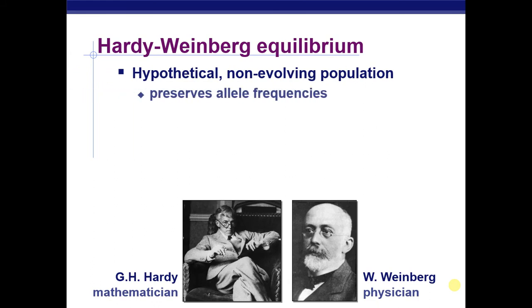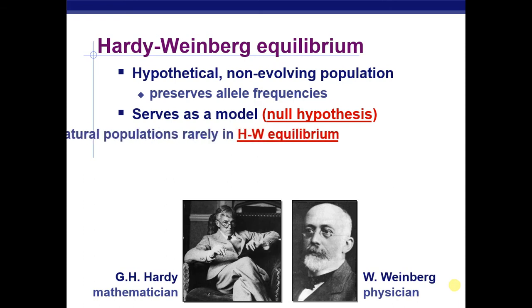This brings about the idea of what's called Hardy-Weinberg equilibrium. It is a hypothetical, non-evolving population, and it is something we can compare actual data to in a relative way to figure out how fast evolution is occurring. In a Hardy-Weinberg equilibrium, allele frequencies always remain the same, since evolution is a change in allele frequencies over time. It serves as our model to compare against.